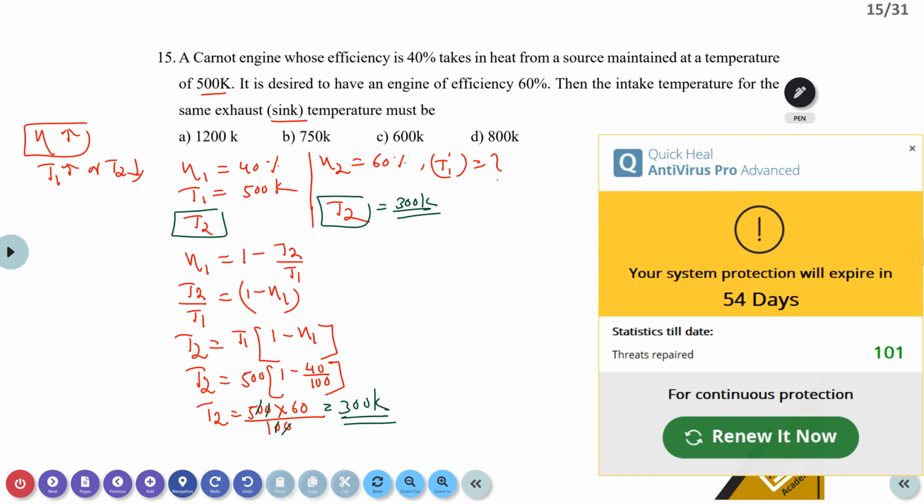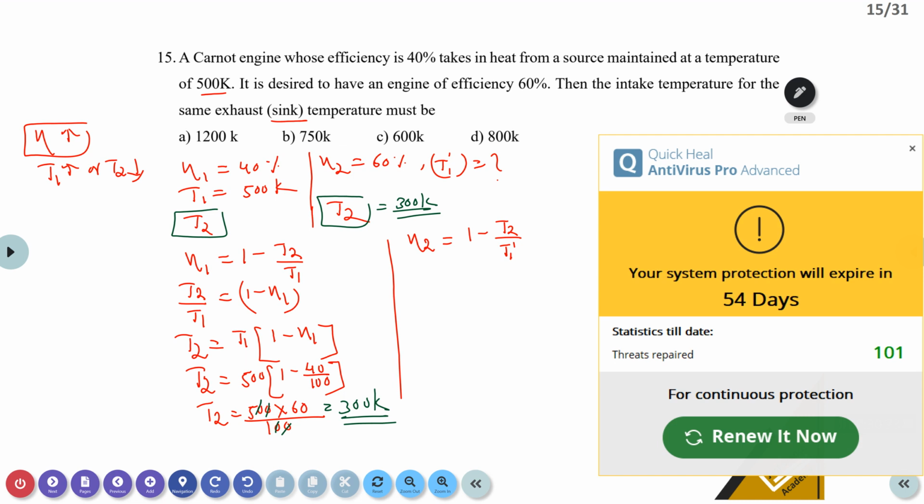Now I have to calculate T1 dash. Next, eta 2 equals 1 minus T2 divided by T1 dash.